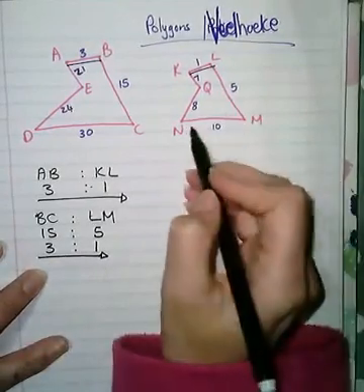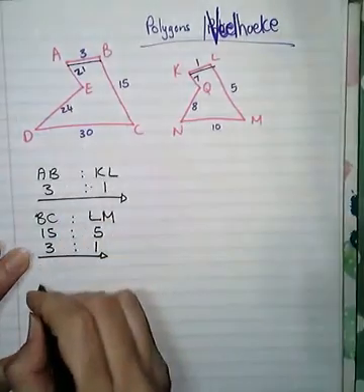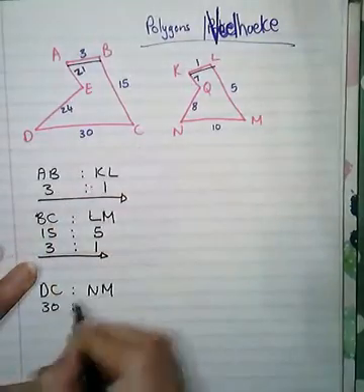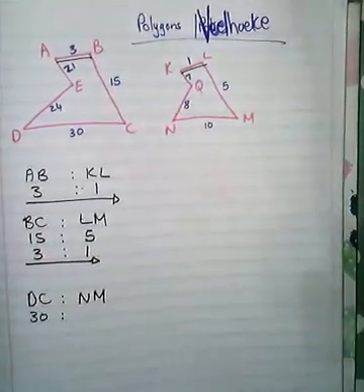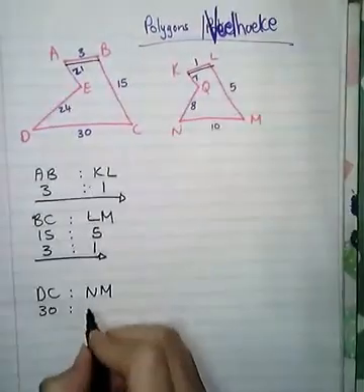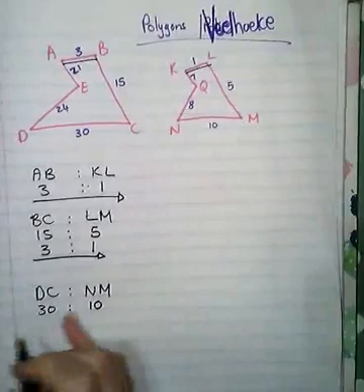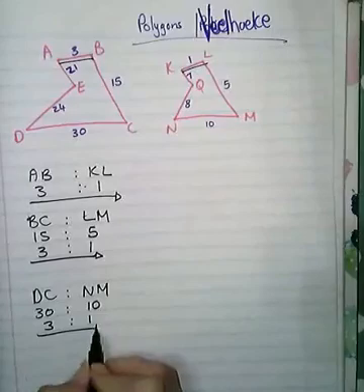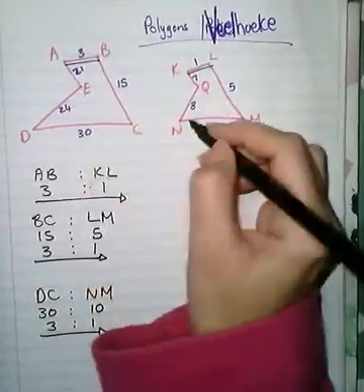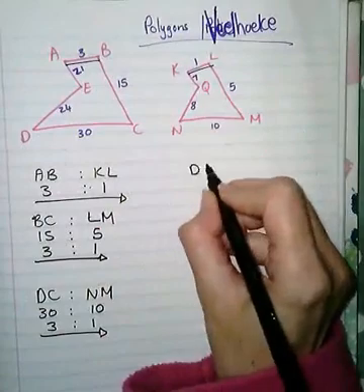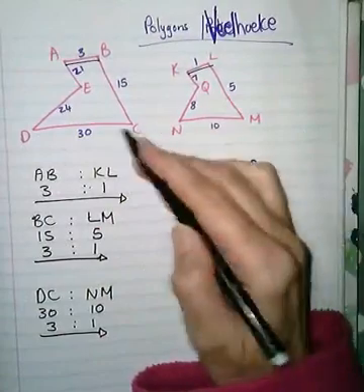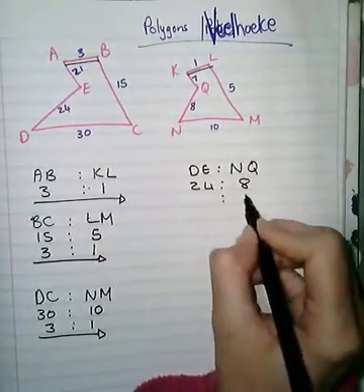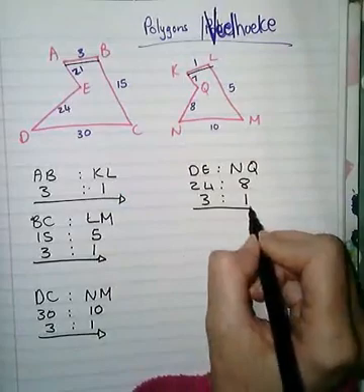If we take these two sides, DC tot NM, DC is 30 lank, watter eenheid ook al, centimeter, millimeter, meter. NM is 10 units long. Simplest ratio, divide by 10, gives us 3 to 1. If we go to these sides, DE compared to NQ, DE is 24, NQ is 8, divide by 8 gives us 1, divide by 8 gives us 3, ratio 3 to 1.